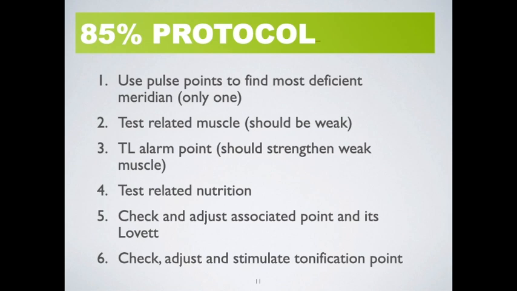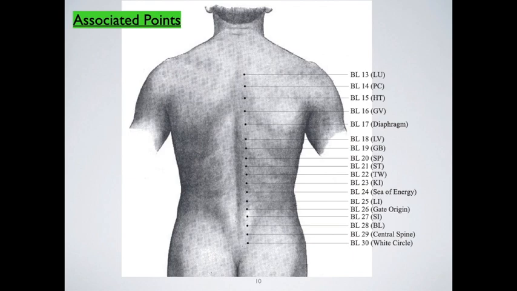If that muscle tests strong, then we would go back and test for related nutrition to the liver. Then we would go to the associated points along the spine and have the patient TL, or we could challenge. We TL and then challenge to find out what kind of subluxation or fixation we have.